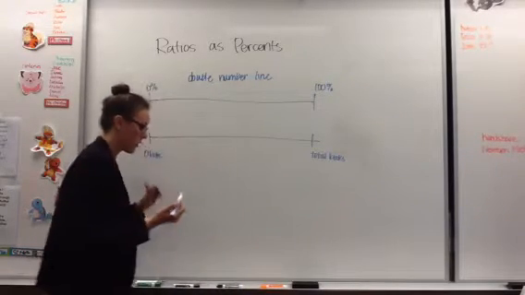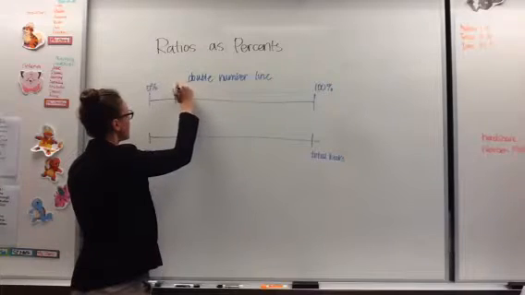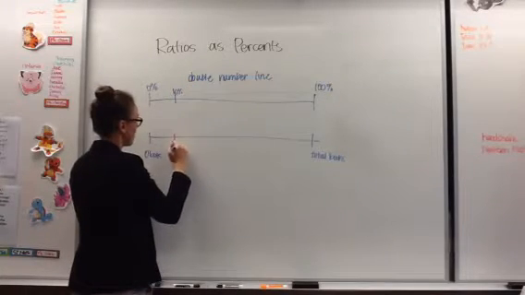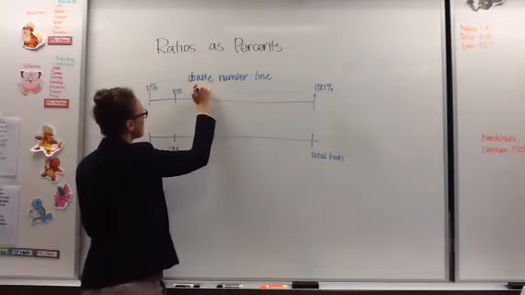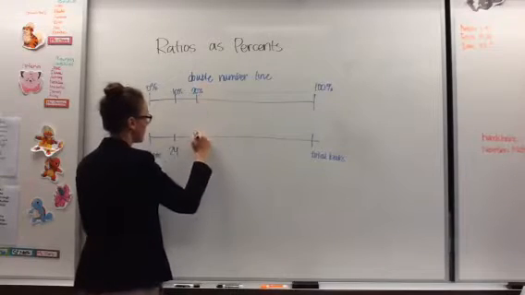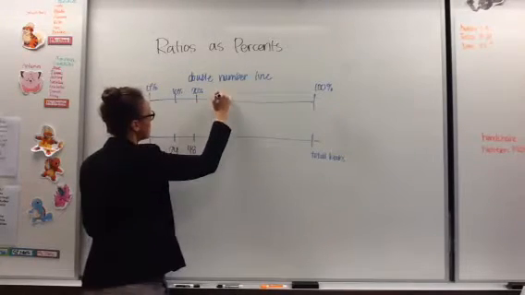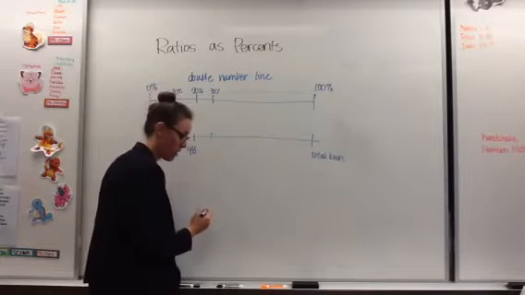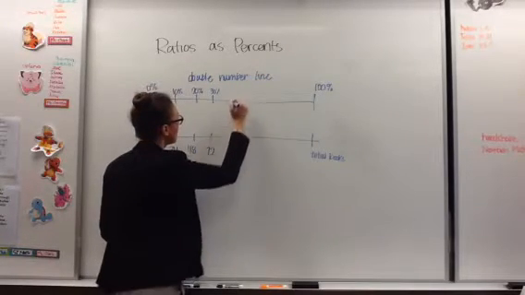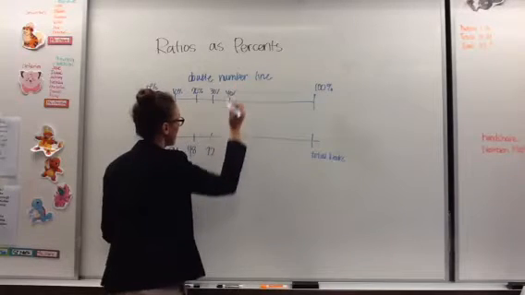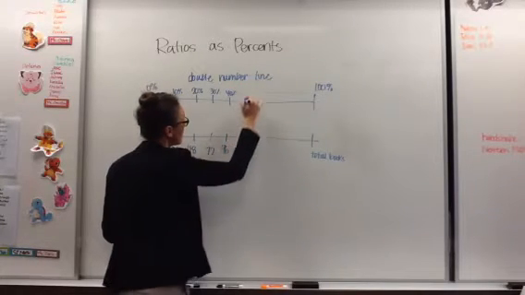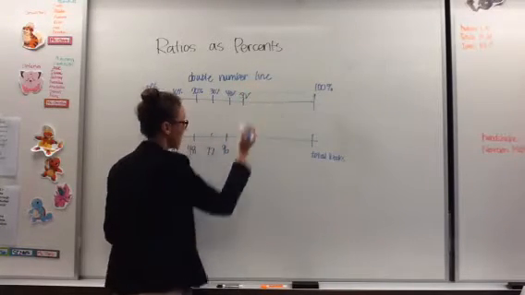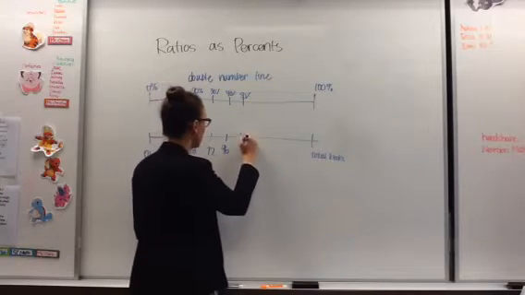So, you just go 10% is 24 books. 20% is 48 books. 30% is, what is it? 72 books. 40%, 96 books. 50%, 120 books.